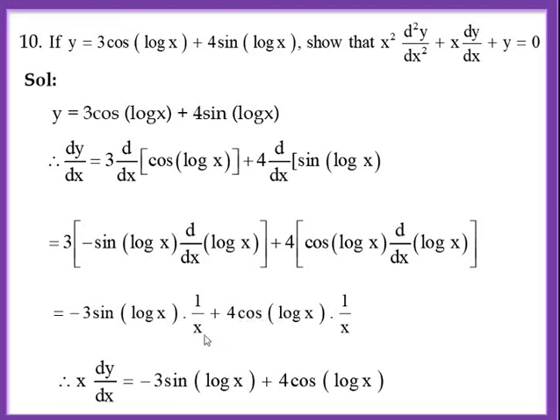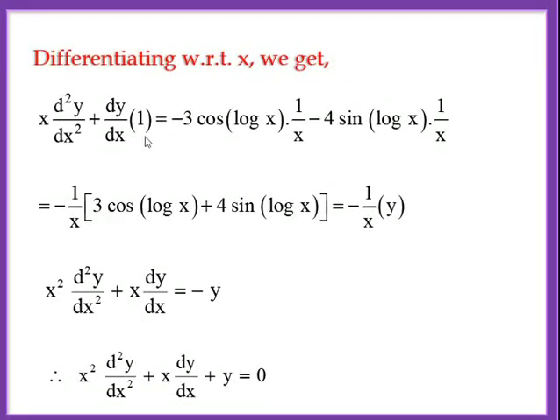Remember, before differentiating a second time, rearrange the terms so that possibly use of quotient rule can be avoided. As in this case, multiply throughout by what? Multiply throughout by x to get x dy dx equal to minus 3 sin of log x plus 4 cos of log x. Again differentiate.